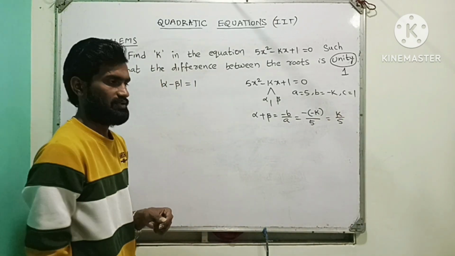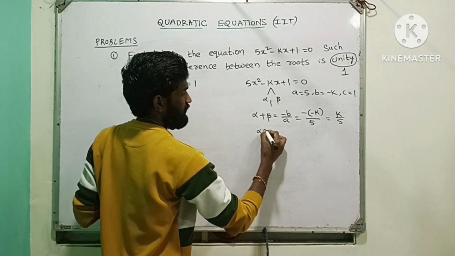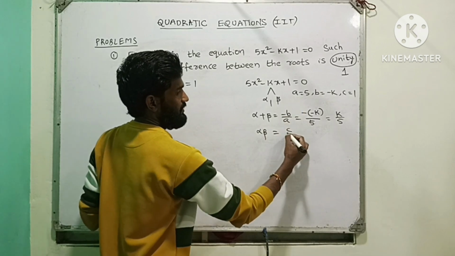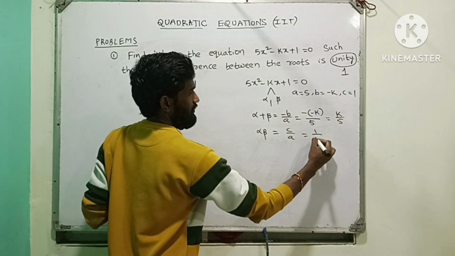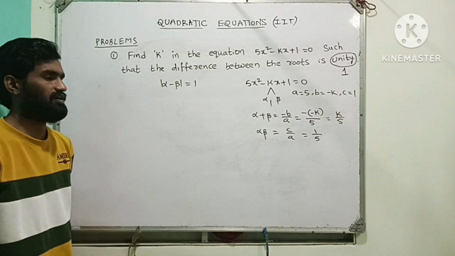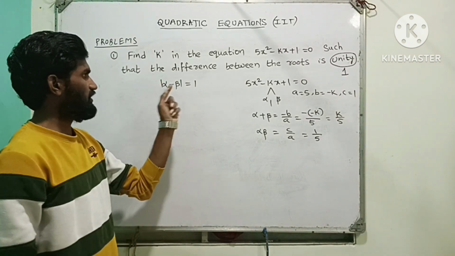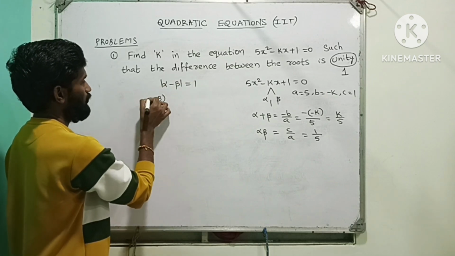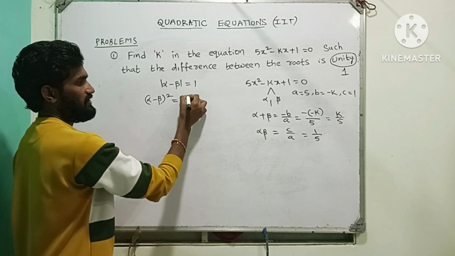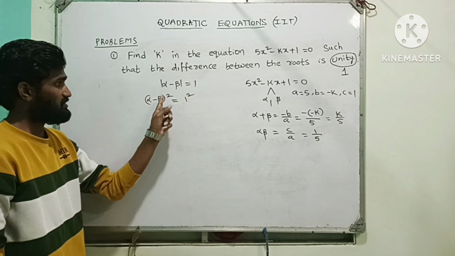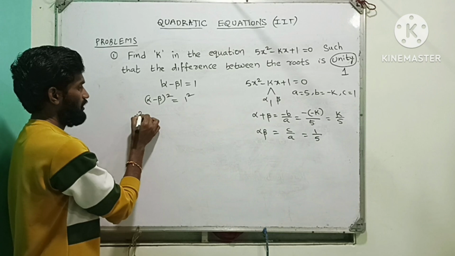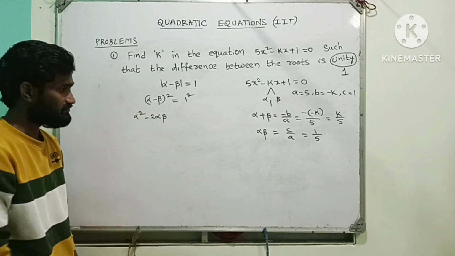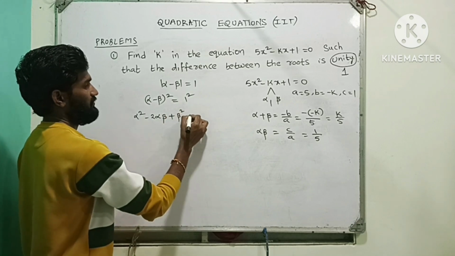Next, product of roots, alpha beta. Product of roots means c by a. What is c here? 1. So 1 by 5 is our alpha beta. Now alpha minus beta is equal to 1. If I square on both sides, what will I get? Alpha minus beta whole square equals 1 square. What is the formula for alpha minus beta whole square? Alpha square minus 2 alpha beta plus beta square, which is equal to 1.